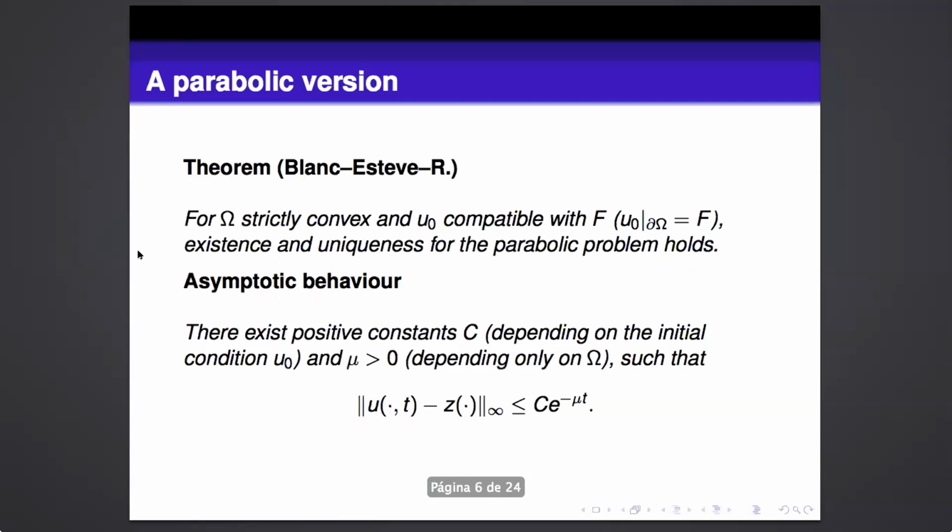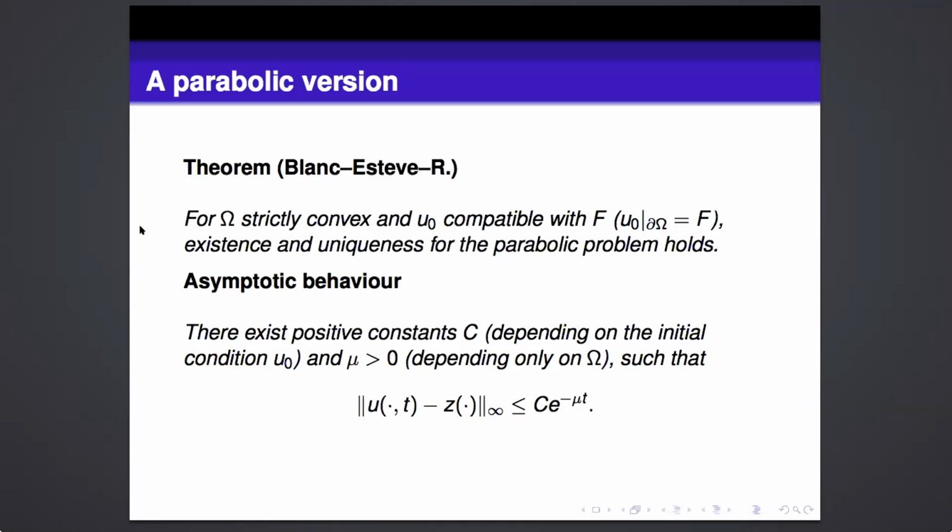And what we have with Pablo Blanc and Carlos Esteve is the following theorem that says that you have existence and uniqueness of a continuous solution up to the boundary, provided your boundary data F is compatible with the initial condition. So you need that the initial condition on the boundary is equal to your boundary data F. This is just to have continuity up to the boundary and up to the initial condition at time t equals 0.